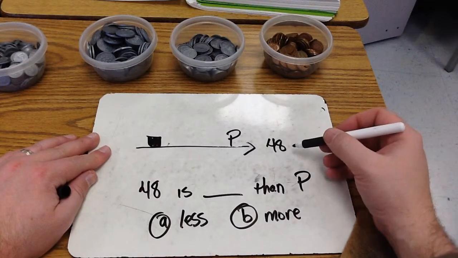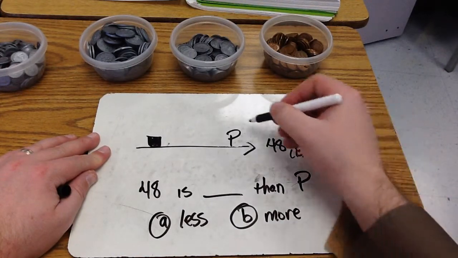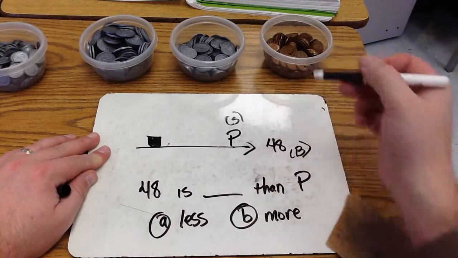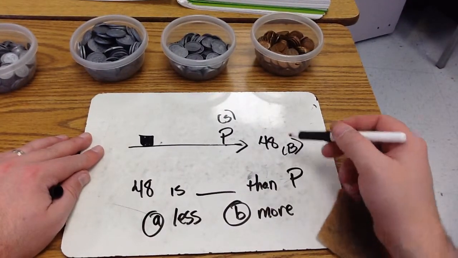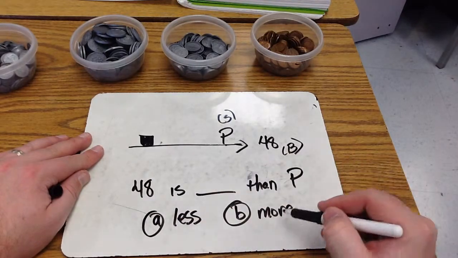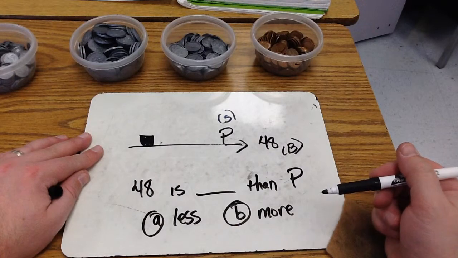Well, let's look at it. 48 is after the arrow, so that means that that's the big number. And P is on the line, which means that P is a small number. So if I know that 48 is a big number, and I know that P is a small number, would it make sense that 48 would be more than P or would it be less than P? Think about that for a second.